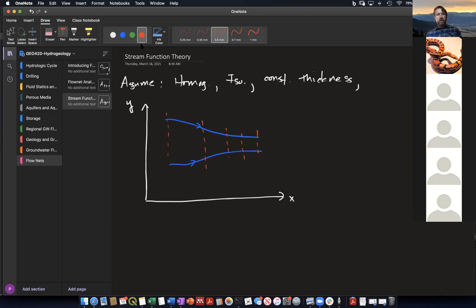And just so that we remember, this does have some sort of cross section in and out of the board, right? So this is a stream tube.